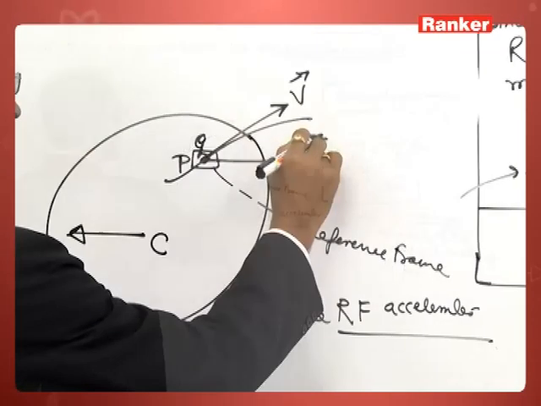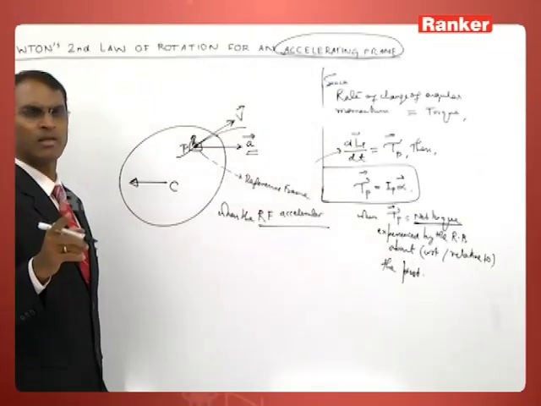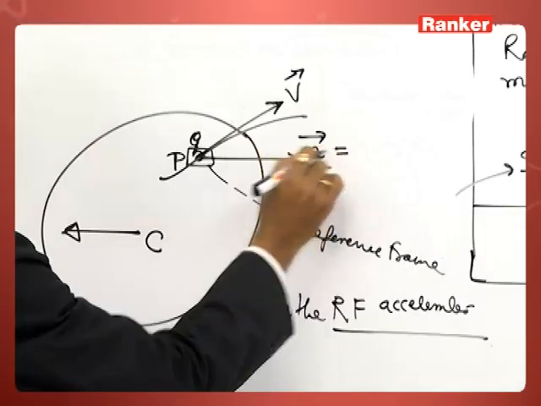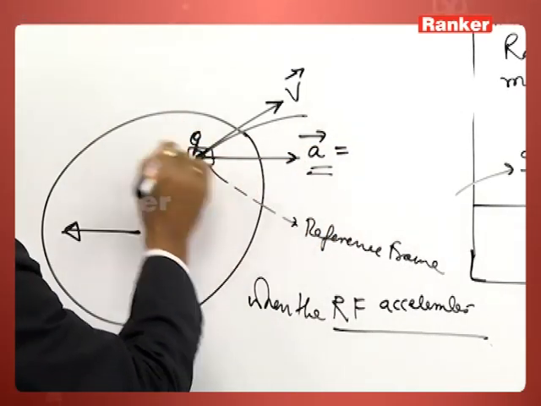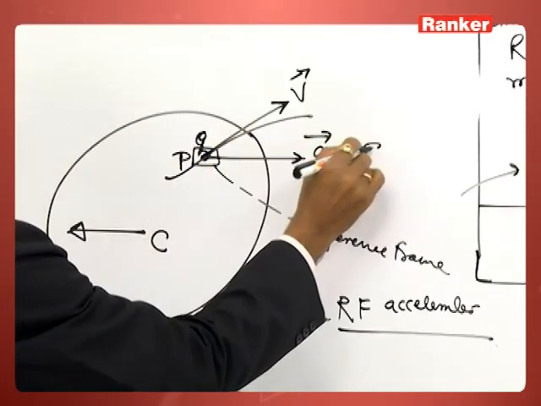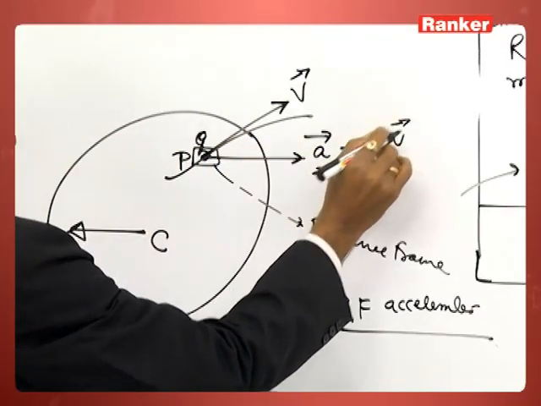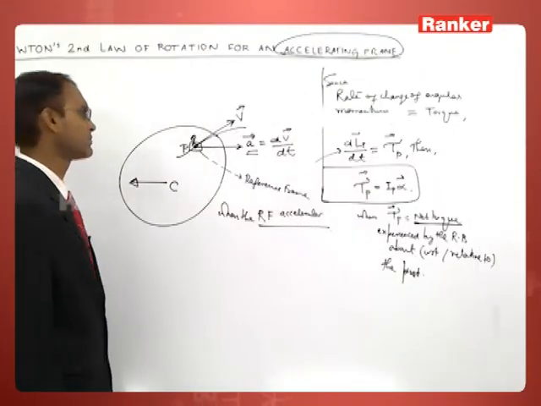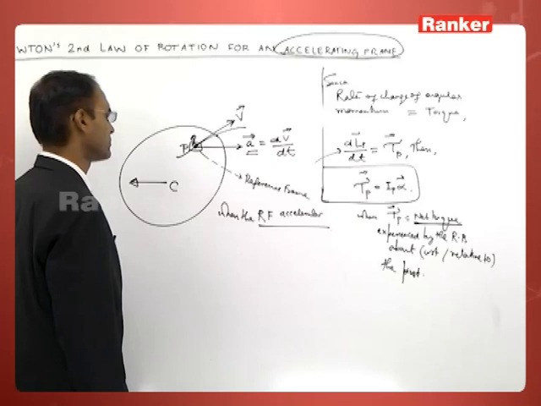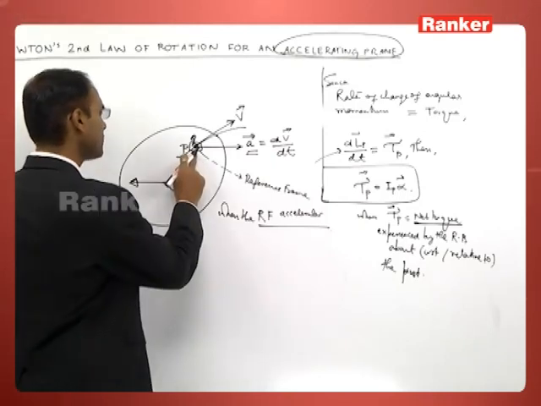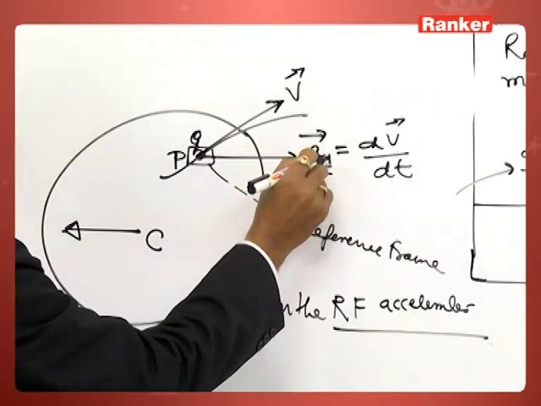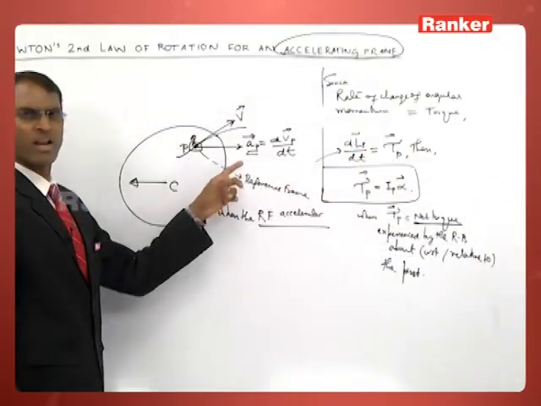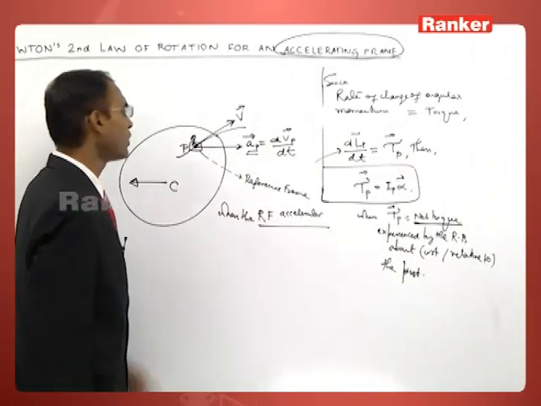Velocity direction and acceleration direction need not be the same, because acceleration of this point, the pivot, is given as rate of change of velocity of the pivot. Let us assume that the pivot moves with an acceleration AP. That's equal to the rate of change of velocity of the pivot with respect to ground.